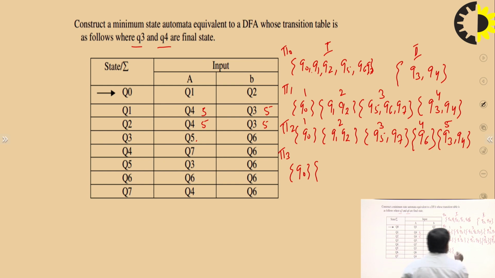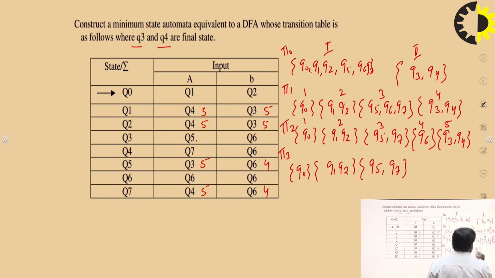It means Q1 and Q2 have similar behavior, so they lie in the same set. Q5 and Q7, Q3 and Q4 mean set 5 and set 5. Or here Q6, set 4 and set 4. It means Q5 and Q6 again follow similar behavior, so they lie in the same set. No need to check. And Q3 and Q4.